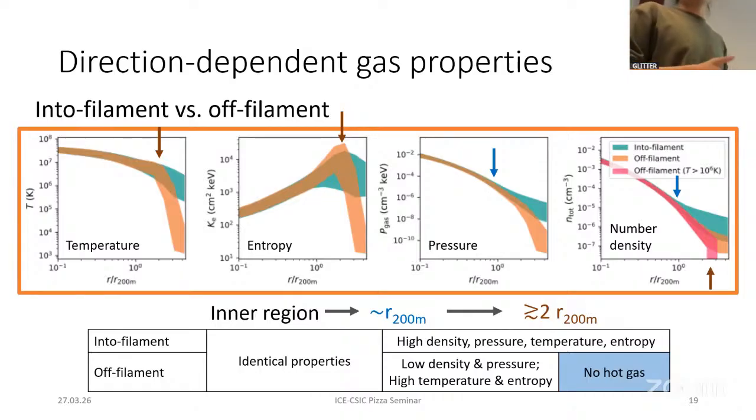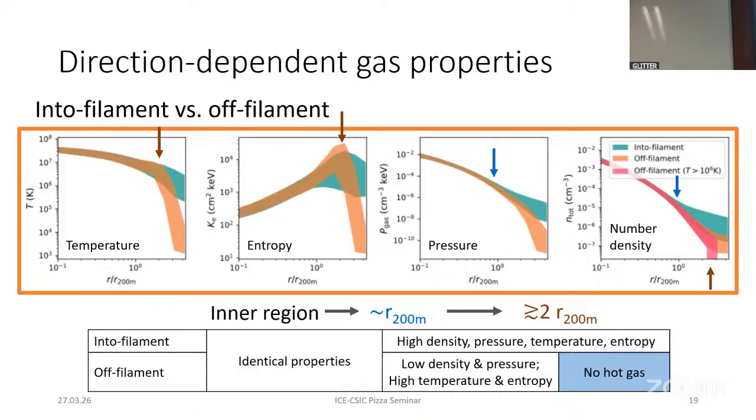And similarly for density, at about R200m, there's a difference. So from the inner region to the outer regions, within R200m, different directions share identical properties. Starting from R200m, the pressure and the density in the filaments are higher.